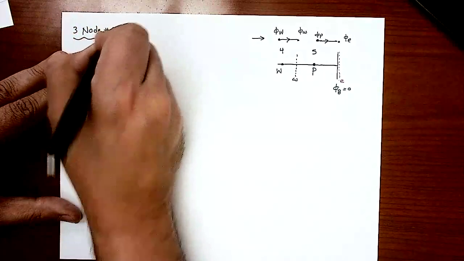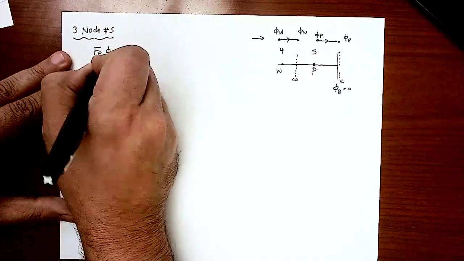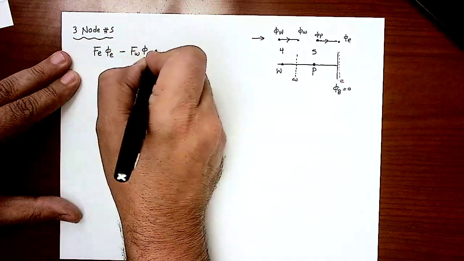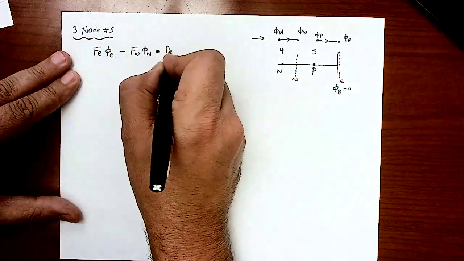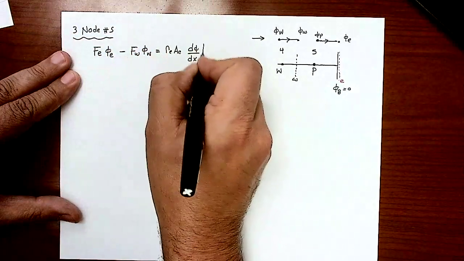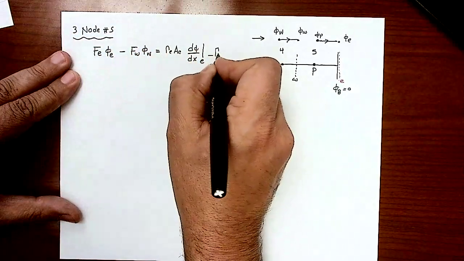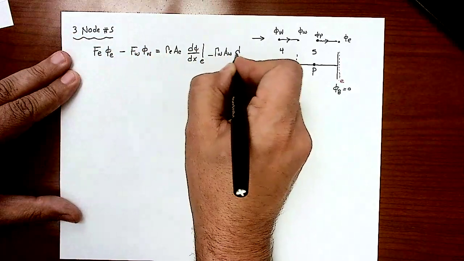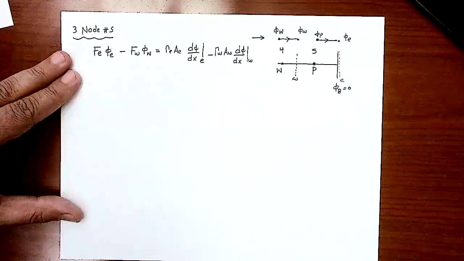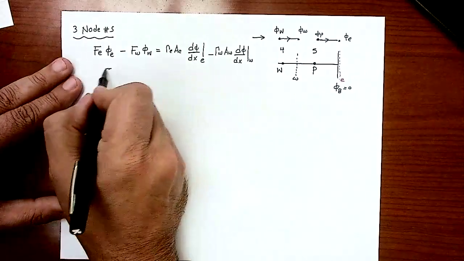Step number 3, the equation is F east phi east minus F west phi west is equal to kappa east A east d phi by dx on the east face minus kappa west A west d phi by dx on the west face. Okay, so what is phi east?